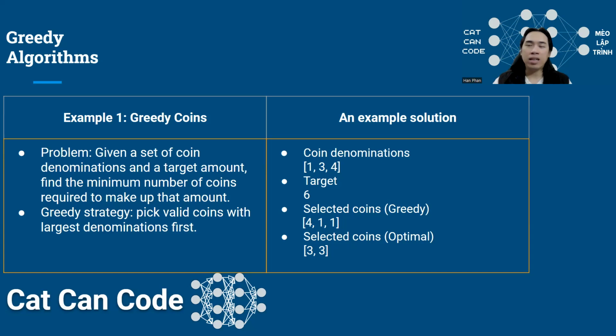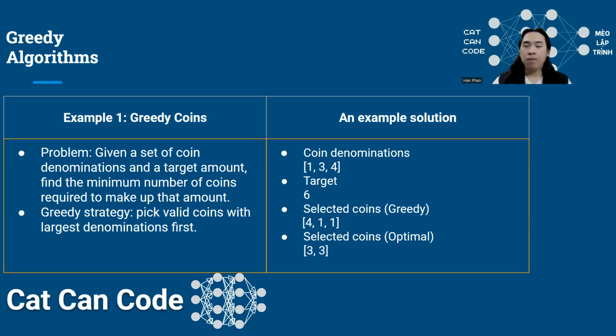Let's look at this example on the right over here. So I have a set of coin denominations 1, 3, and 4, and my target number is $6. If I want to construct $6, I use the greedy strategy that I proposed before. I will first pick number 4.